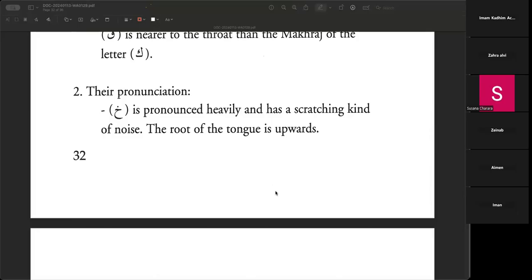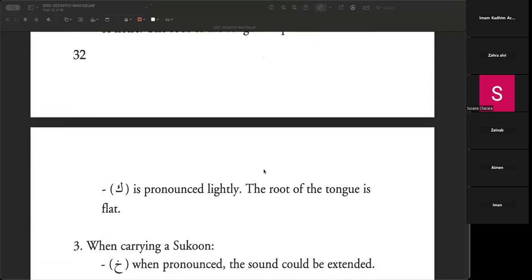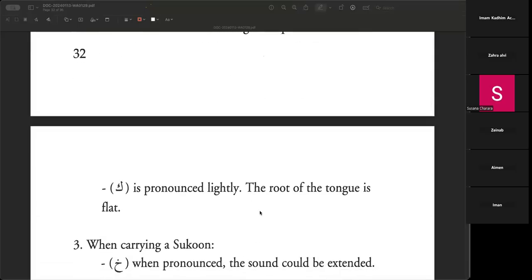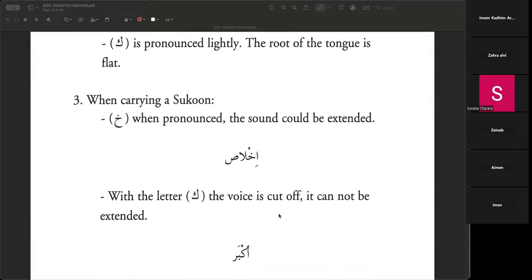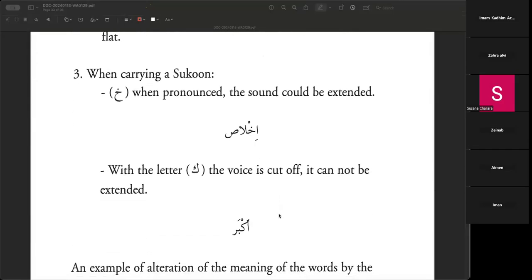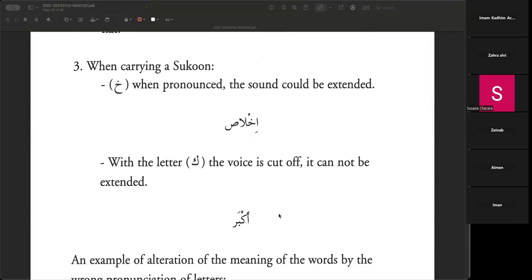The root of the tongue is upwards, meaning Kha is a heavy letter. And Kaf is pronounced lightly. The root of the tongue is flat. Another difference, and this is how you're gonna really see if you're pronouncing it the right way. Kha, when it has a sukun, you can extend the sound. You can say ikh, like in ikhlas.